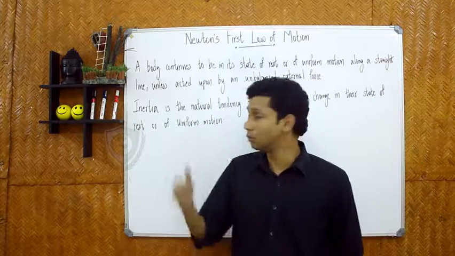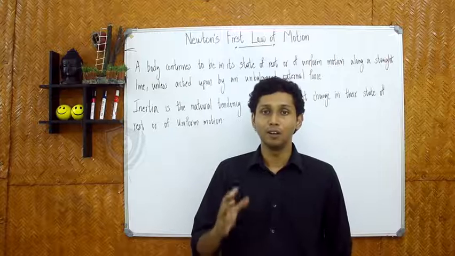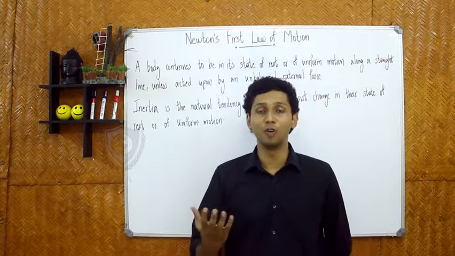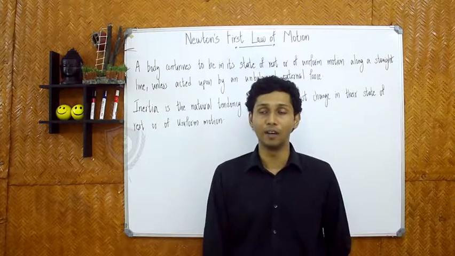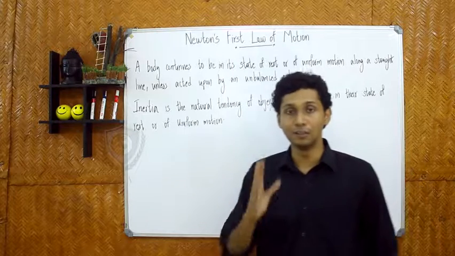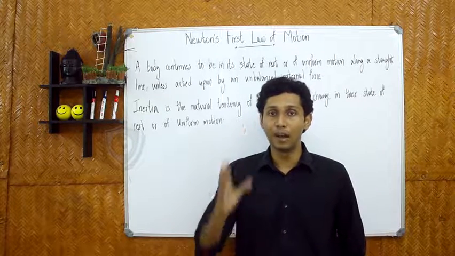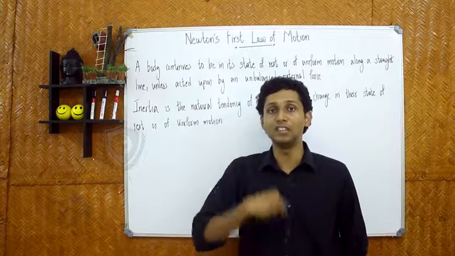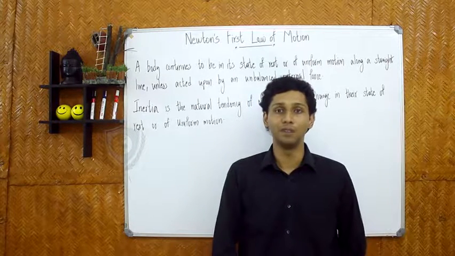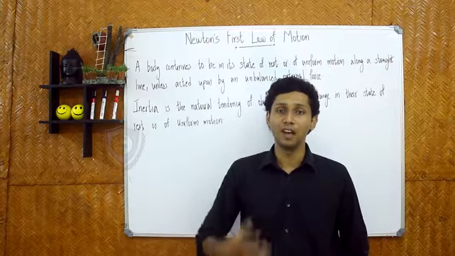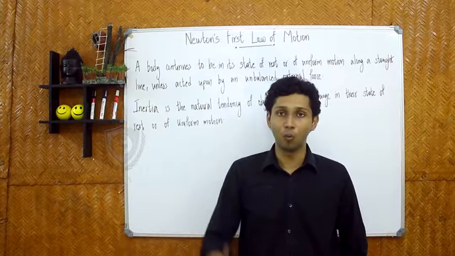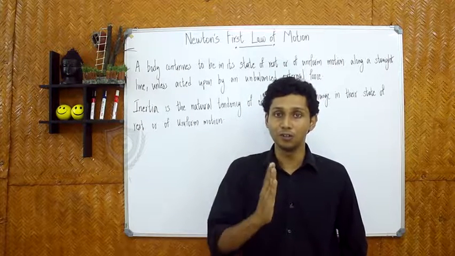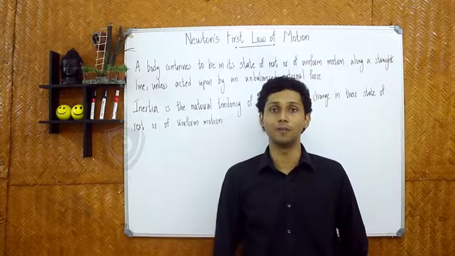If we properly understand inertia, we can explain a lot of natural phenomena happening all around us. Once again, inertia is a natural tendency, and due to it objects try to oppose any change in their state. Whatever their initial state was, objects try to stay in it.